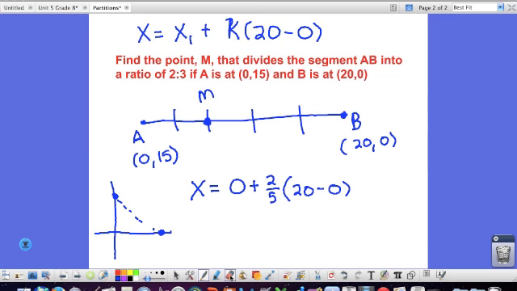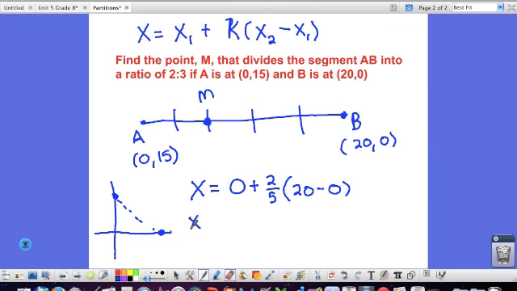In this type of problem, what you pick as x2 and what you pick as x1 actually makes a difference because you want the distance to be 2/5 from A, not 2/5 from B.